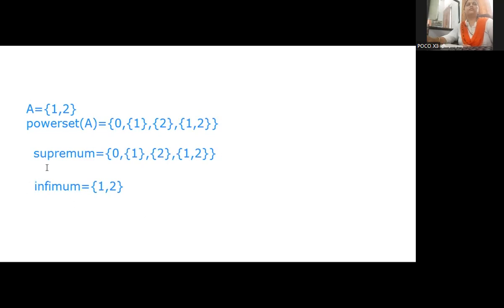Okay, and it will be contained in the lattice. So for a lattice, one element will be this one, supremum, and one element will be this one, infimum.